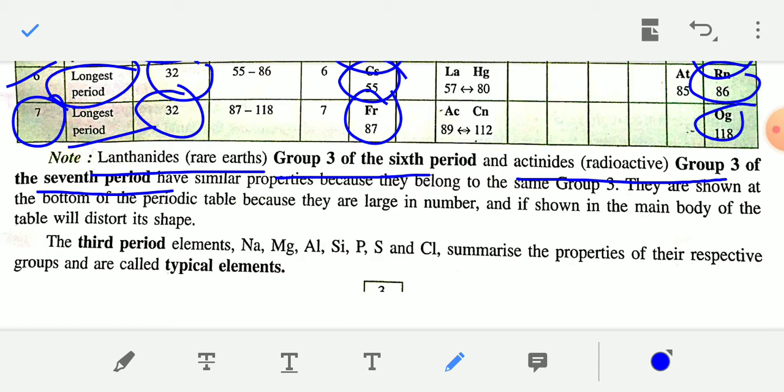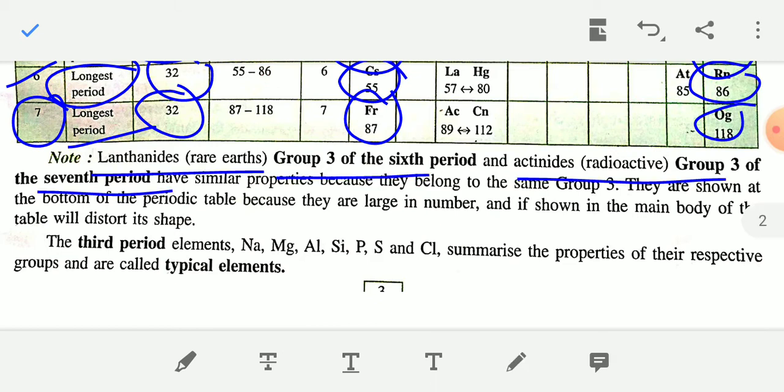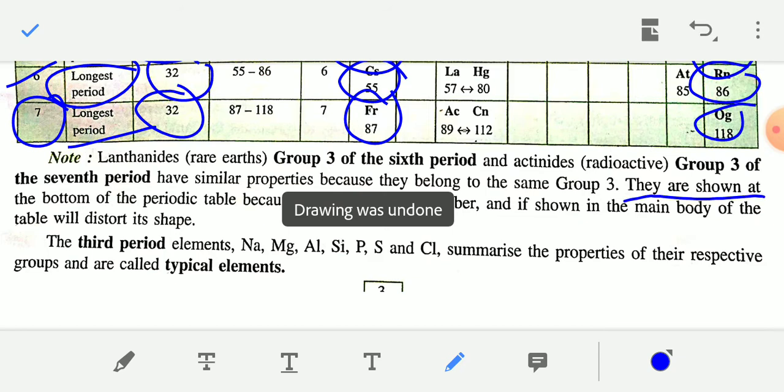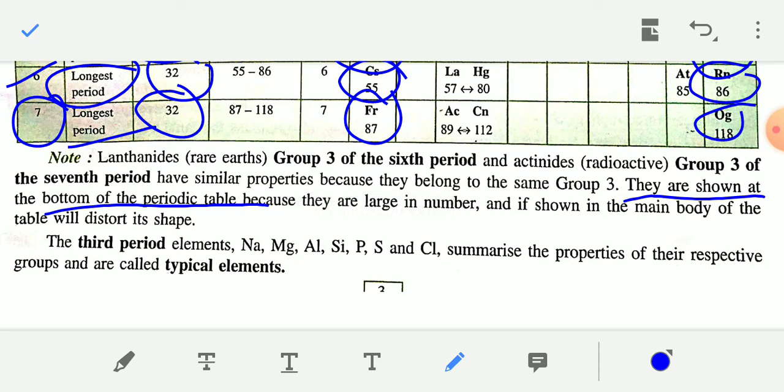These lanthanide and actinide elements are shown at the bottom of the periodic table because they are large in number, and if shown in the main body, they would distort the shape of the periodic table.